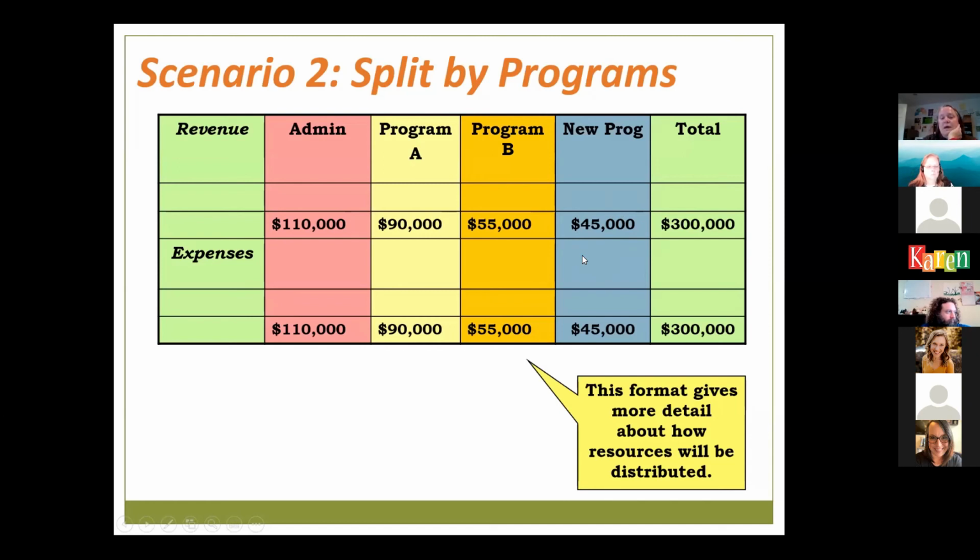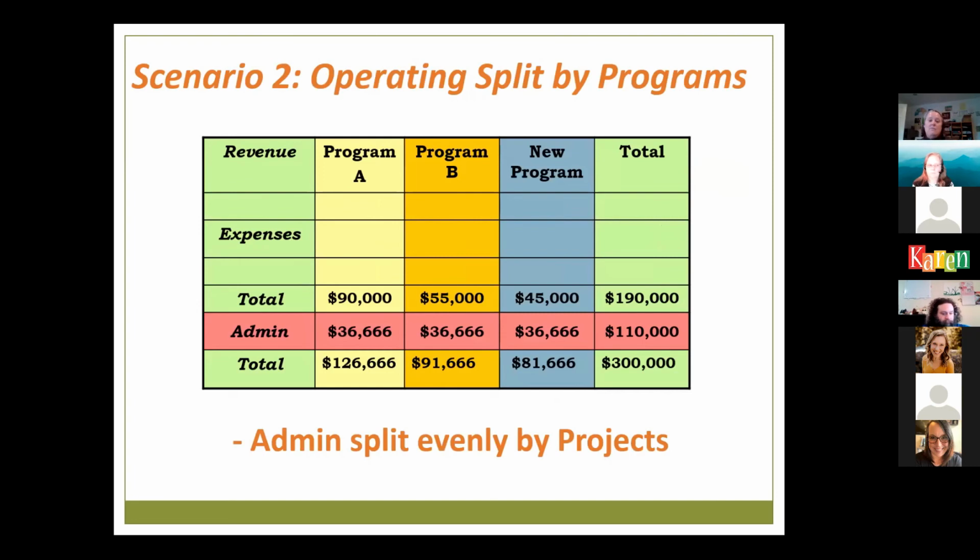But let's change the way we model that. Let's take our administrative costs and actually assign a portion of those administrative costs to each of our programs. Because are the programs going to happen without those administrative activities, like accounting and an executive director? No, they're not. So we're going to split our admin across our projects, and I decided that I'm going to split it evenly.